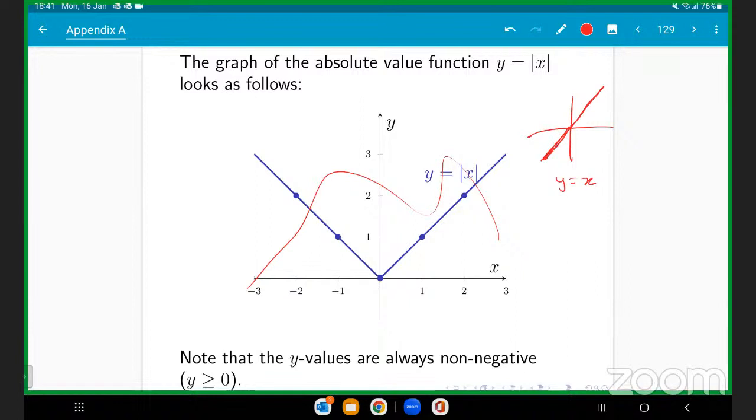Now, for all x smaller than 0, you have this piece over here, which lies below the x-axis. When you take the absolute value, that piece flips up, or is reflected along the horizontal axis. And so you obtain from this simple observation the graph of the absolute value function. Remember, this is always greater or equal to 0. So you can't ever have that it is below the horizontal axis.